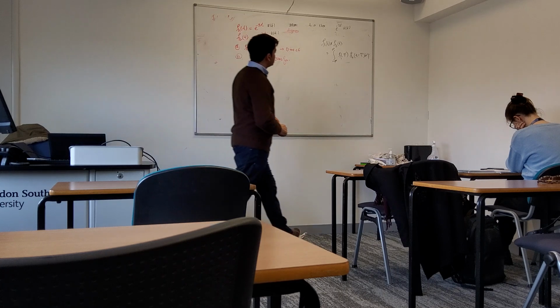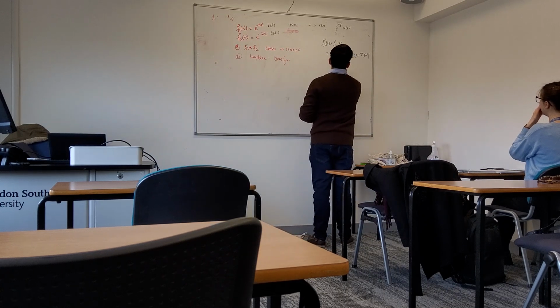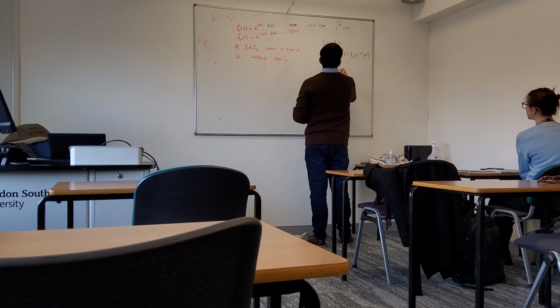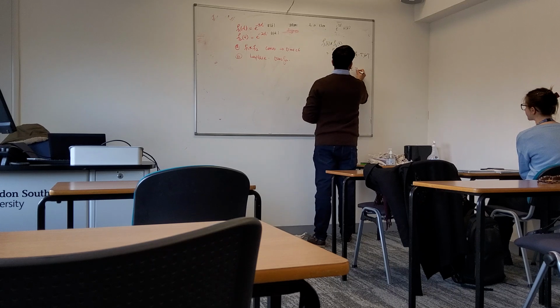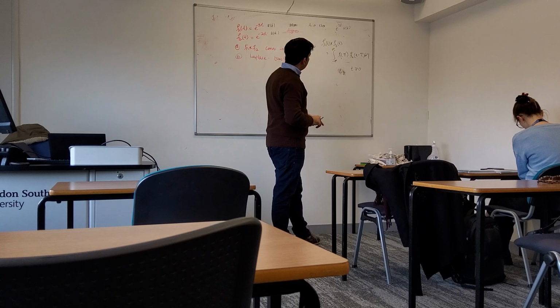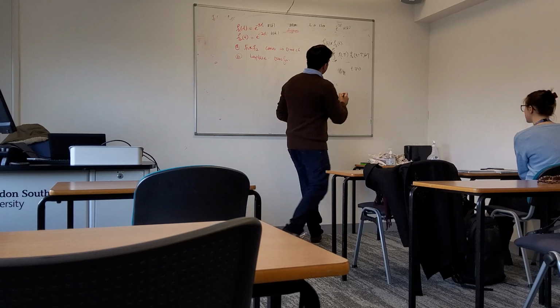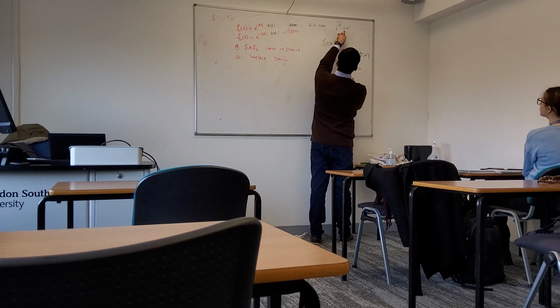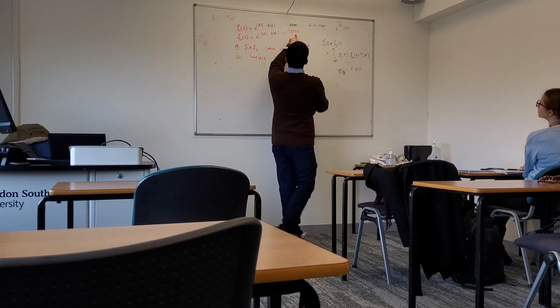So it means that f1 of tau. If I say that t is greater than or equal to 0, then in this equation t is greater than or equal to 0.